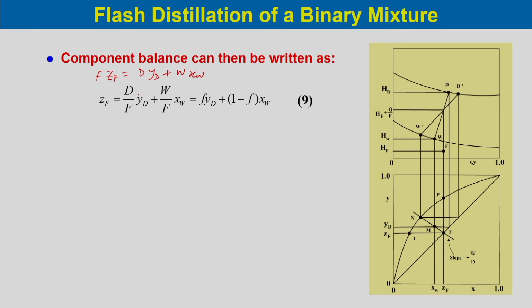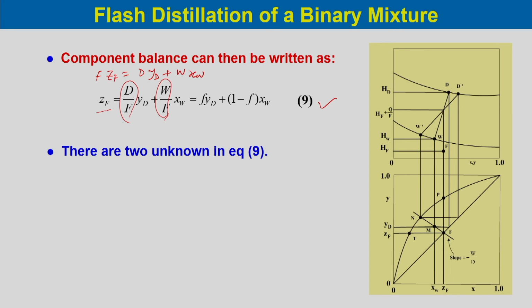Now, if we divide both sides by F, then ZF would be equal to D by F YD plus W by F XW, which would be equal to f YD, where f is the fraction vaporized, plus W by F, which we have calculated as 1 minus f, so plus 1 minus f times XW. So, this is equation 9.